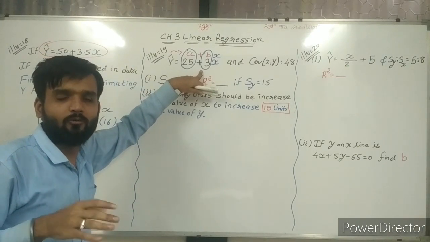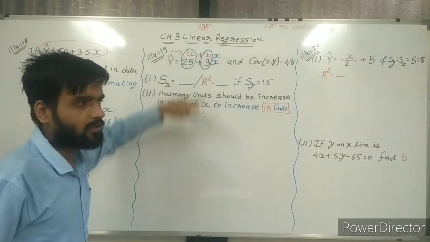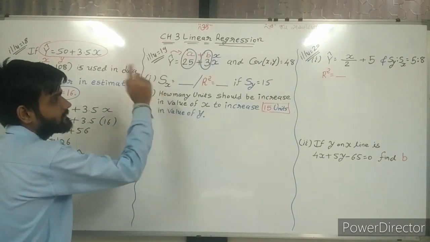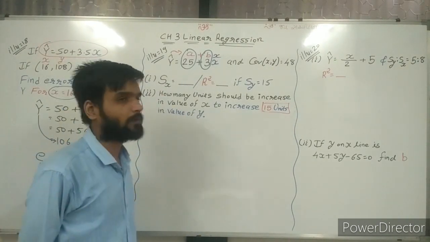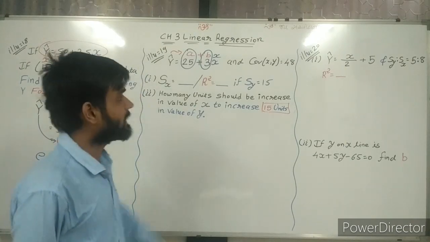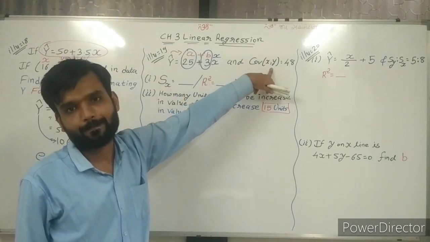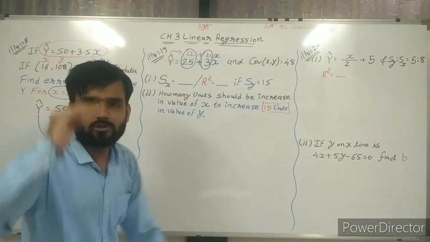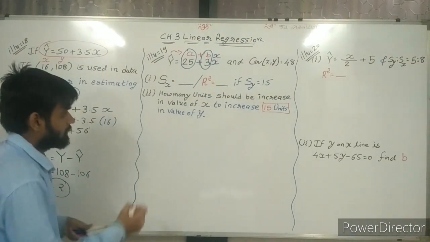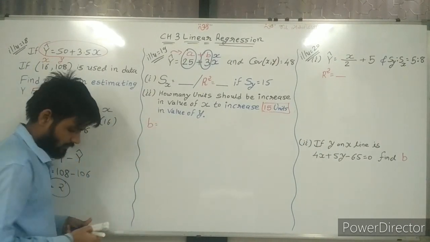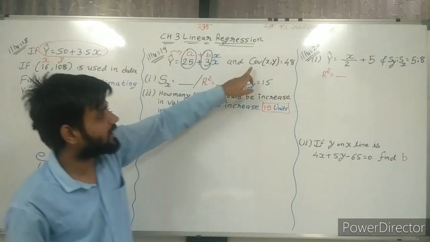Now, most important thing, I need to find Sx. And I am given only the value of covariance of xy. So think, the value of b can be found by using covariance of xy.